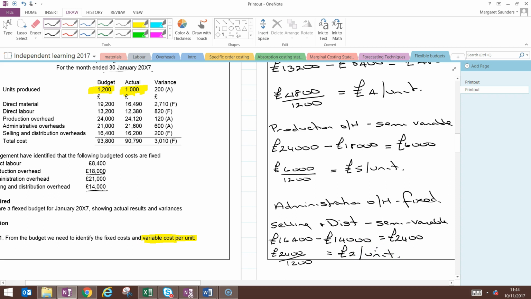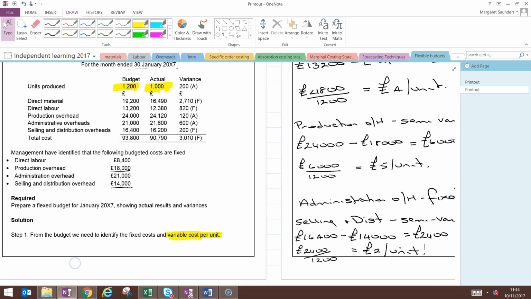So that is step 1 completed. So from the budget, we've identified the fixed costs and the variable cost per unit.